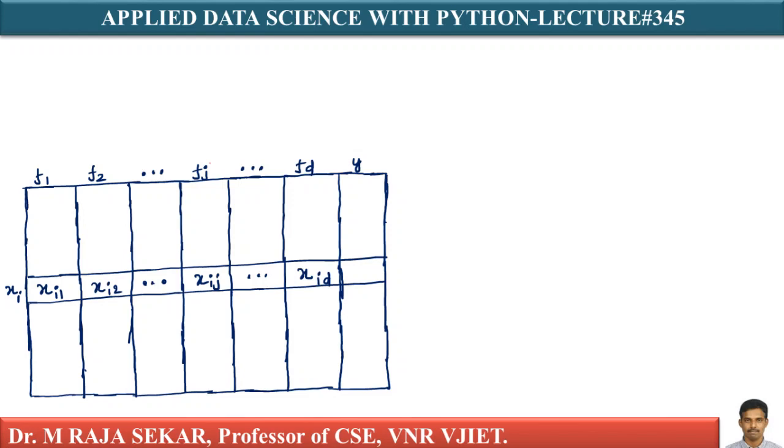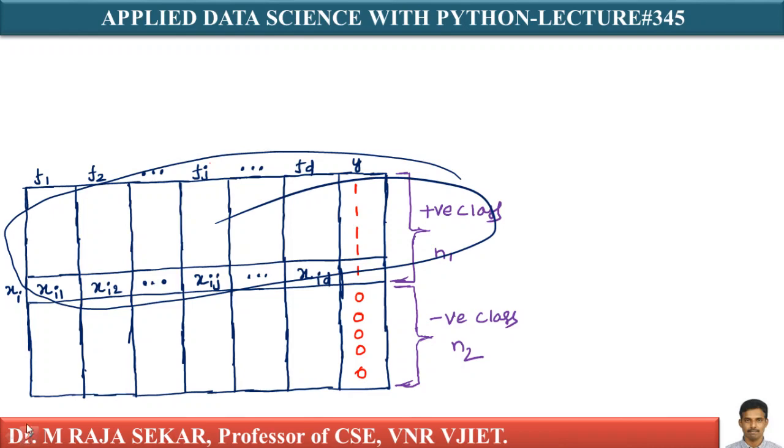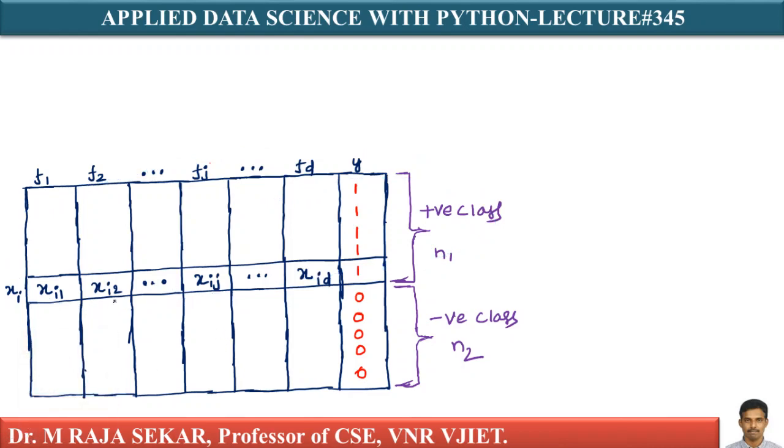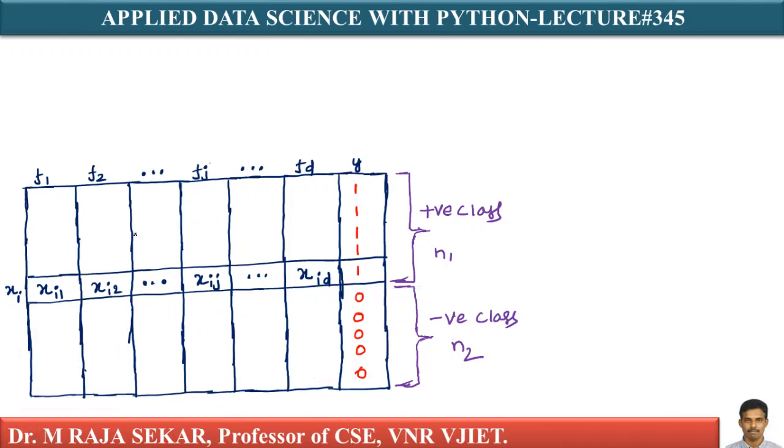Let's first divide this data into two parts. This is my positive class data and this is my negative class data.